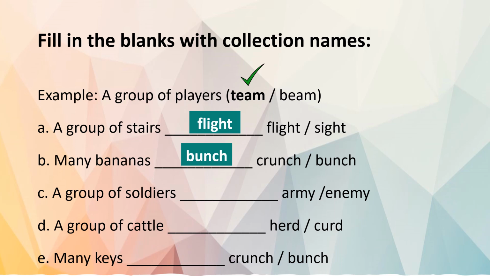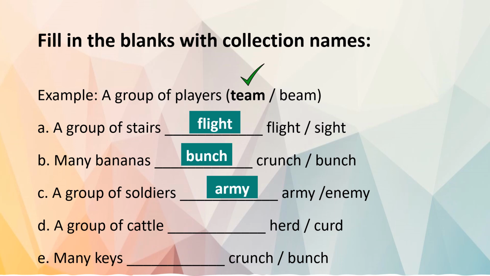We'll move to the next one. A group of soldiers, dash, and the options are given army, enemy. Which one is the collection name of this group of soldiers? The correct option is army. Next one, a group of cattle, dash, and the options are given herd or cur.